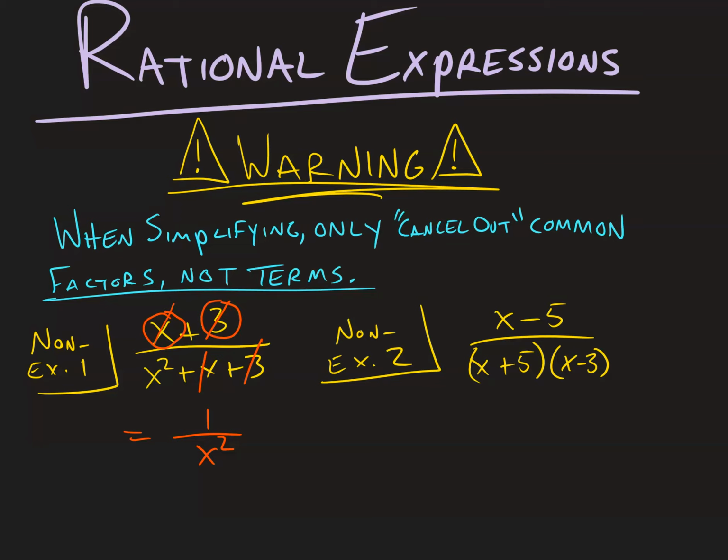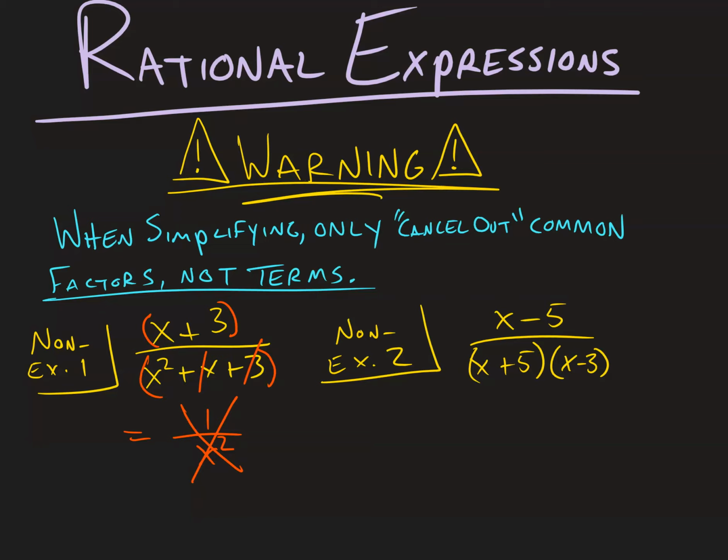They have to be the entire factor. Remember that x plus 3 is not two separate numbers. It's really just one factor, x plus 3. Similarly, x squared plus x plus 3 is one factor. And so you cannot cancel them out because they are not the same. So this is definitely not a true statement.